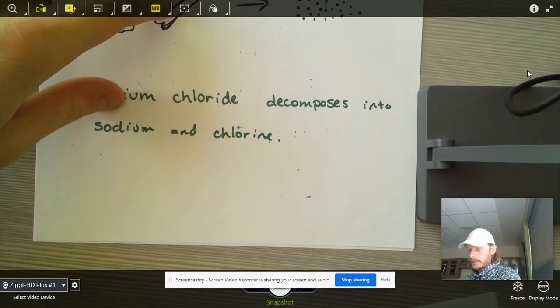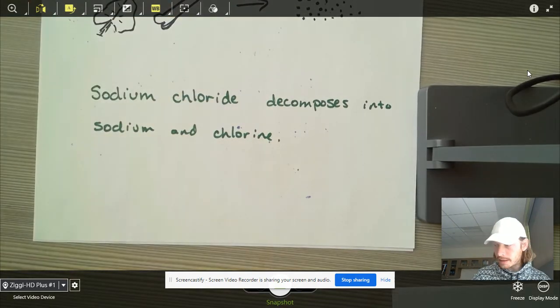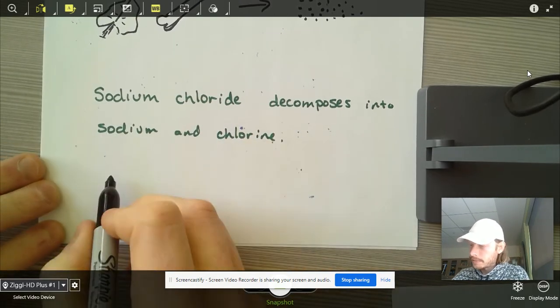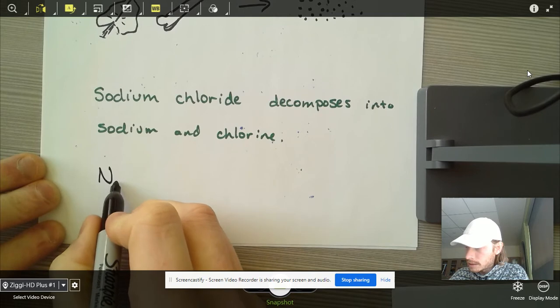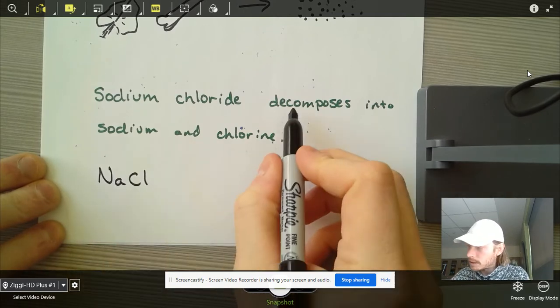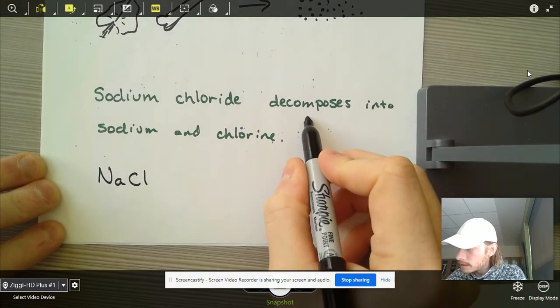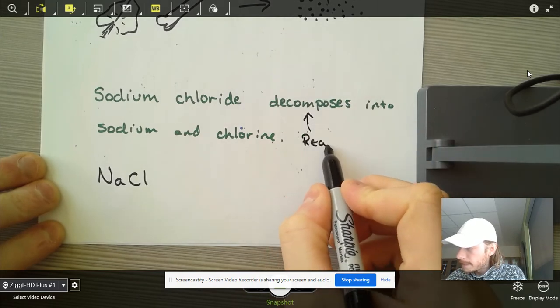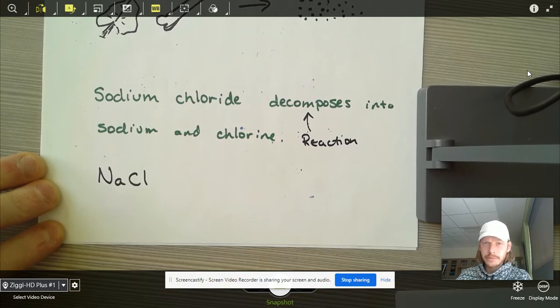Let's take a look. To write this, I'm just going to start with sodium chloride, classic NaCl, decomposes. This is telling us that this is a reaction.